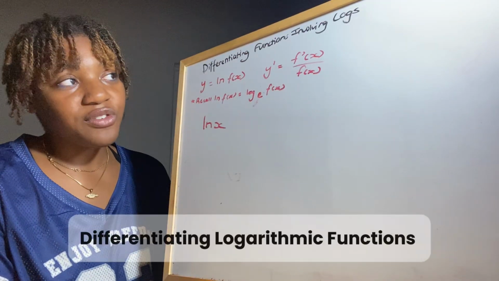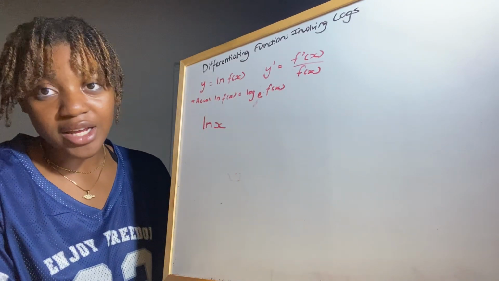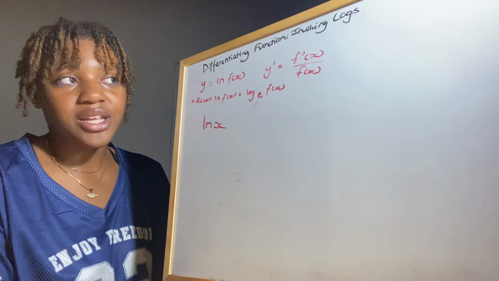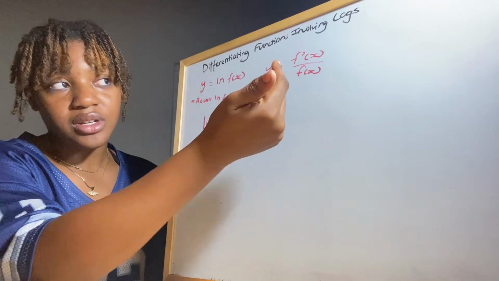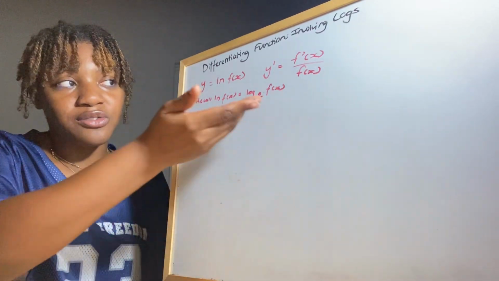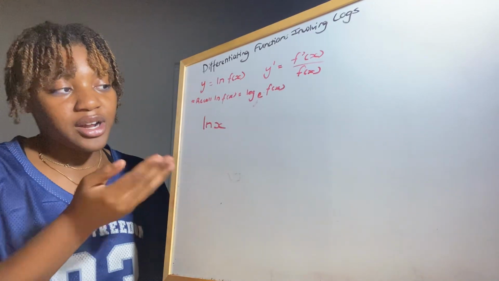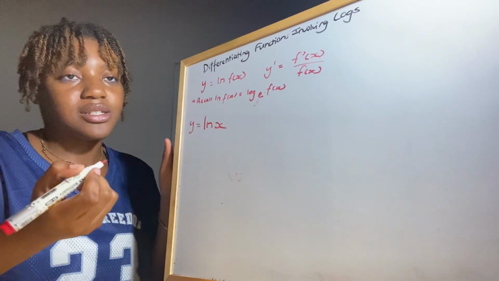Now we differentiate functions that involve logs. So y equals ln f of x. If we were supposed to differentiate this, all we would do is differentiate the f of x, so we would have f prime of x, and put it over the original function f of x. Here's an example we're going to do. We'll have y equals ln x.